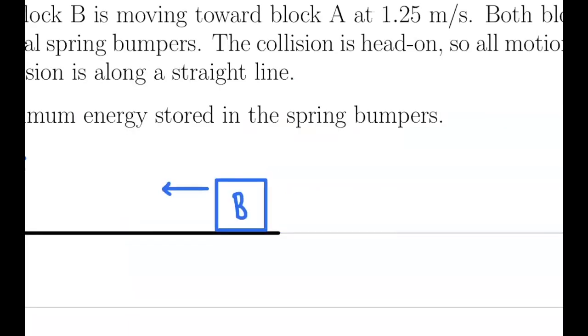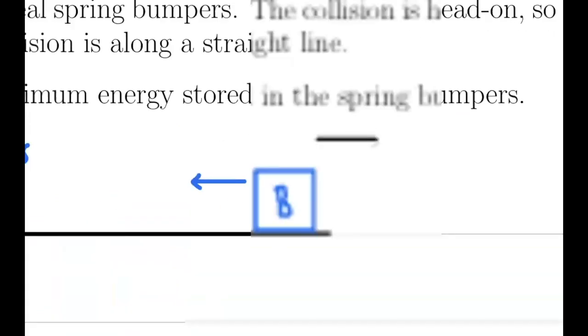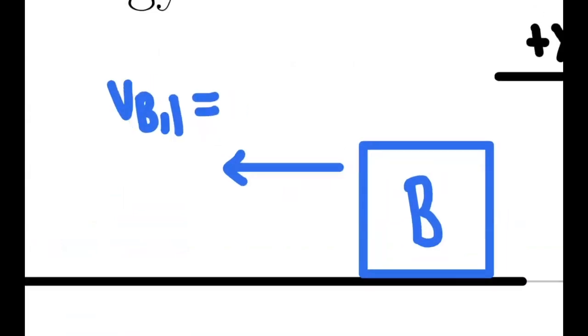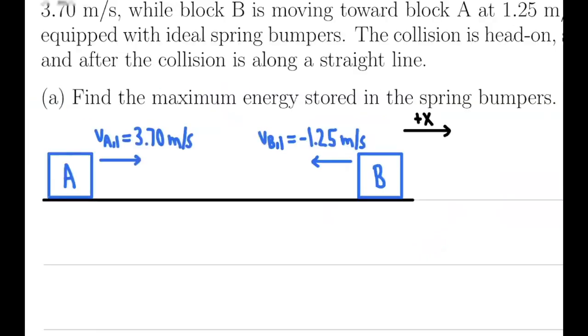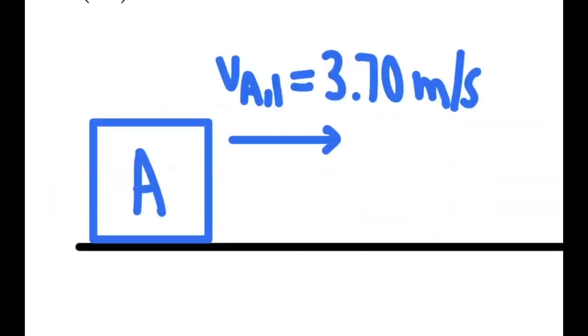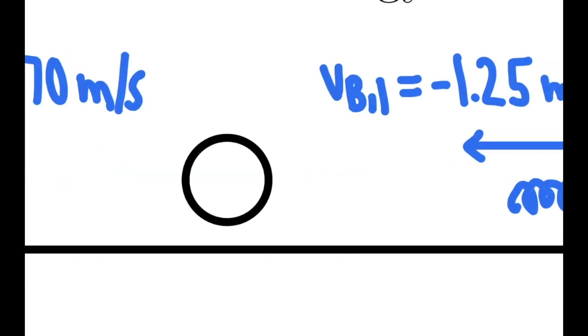I'm going to define the positive x direction to be to the right. So that means VB1, since it's to the left, is going to be negative 1.25 meters per second. Both the blocks are equipped with ideal spring bumpers, so it looks like this. I'm going to call this 1.